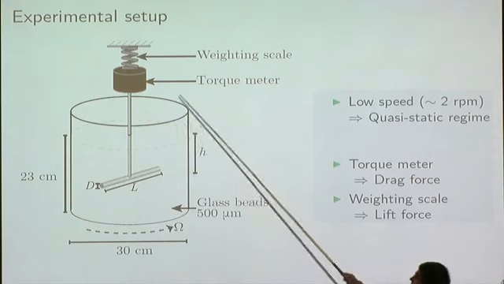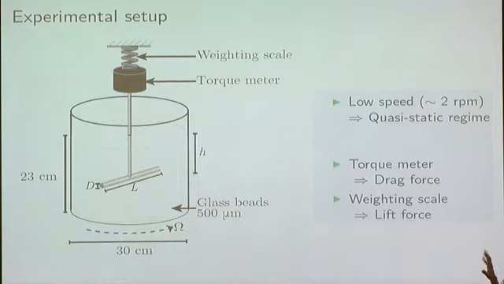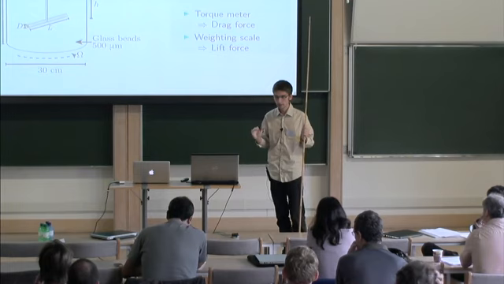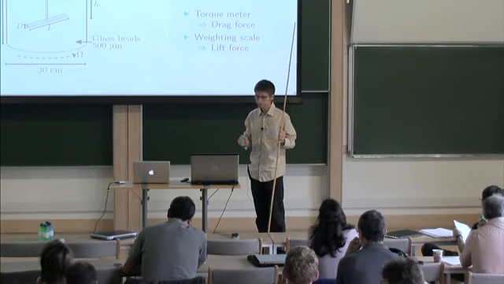And we also have everything on a weighing scale that directly gives us the lift force on the object. In all these experiments, we are working at very low speed, so in the quasi-static regime, so all the forces are independent of the velocity.